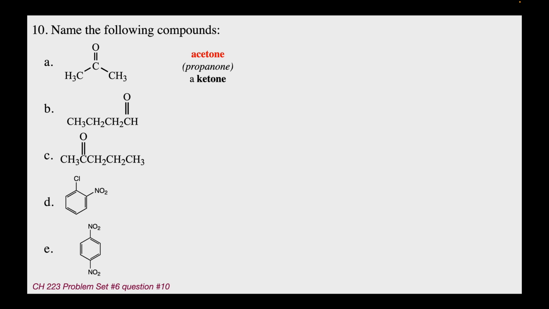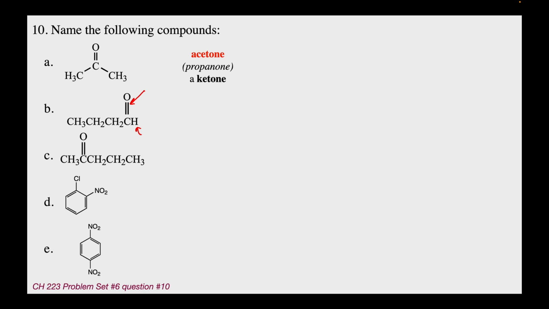Now the next one has a carbonyl as well, the C double bond O, but notice that it's next to a hydrogen. And believe it or not, that's enough to make this a whole different kind of compound. It's called an aldehyde. And for reasons which we don't have time to go into in Chemistry 223, that hydrogen next to it gives it a whole different reactivity.